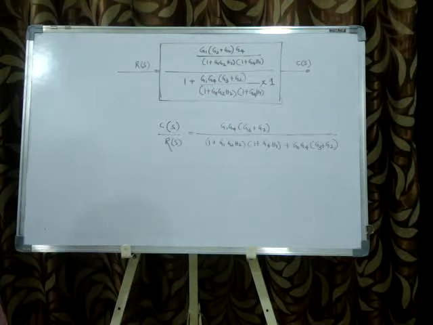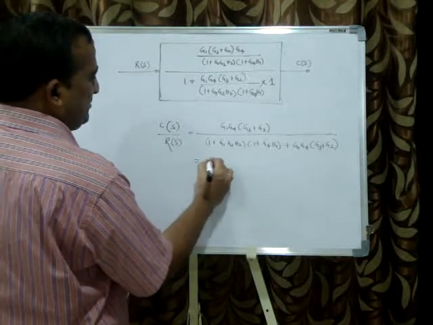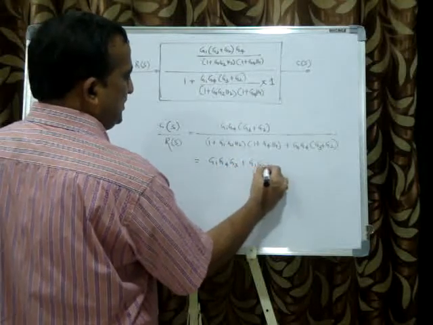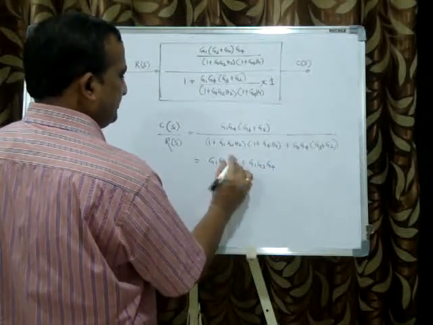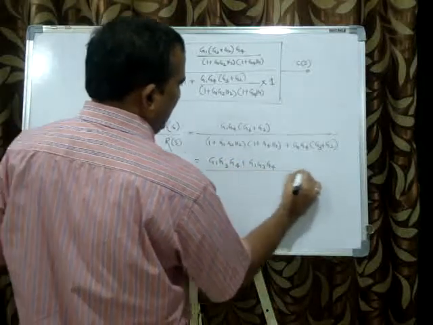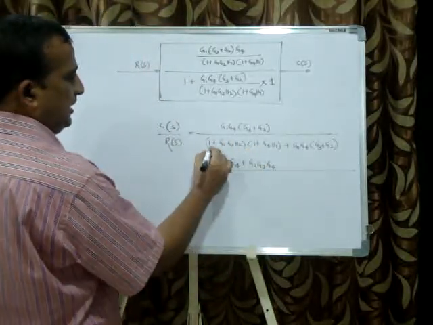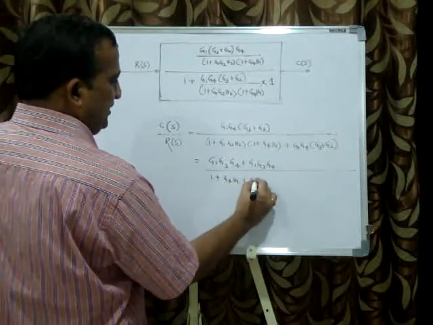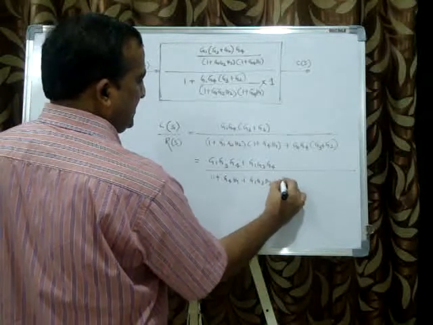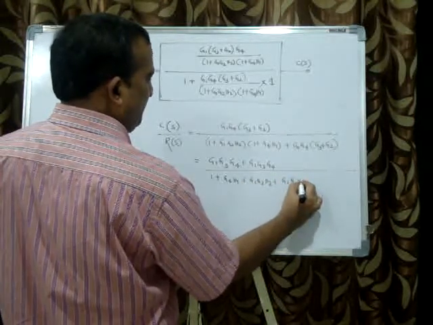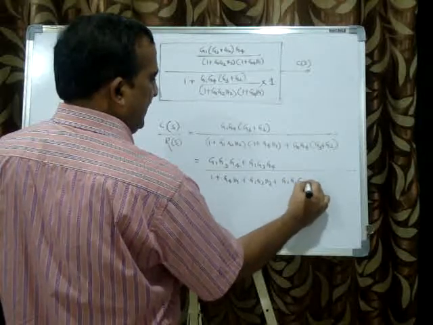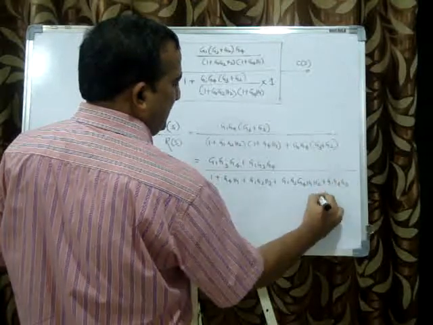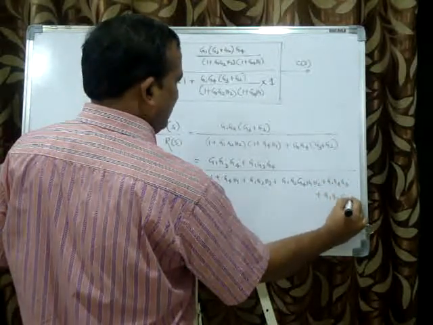This is the final transfer function. So sometimes we will write G1 G4 G3 plus G1 G2 G4, we can write like this, divided by the remaining multiplication 1 plus G4 H1 plus G1 G2 H2 plus G1 G2 G4 H1 H2 plus G1 G4 G3 plus G1 G2 G4.